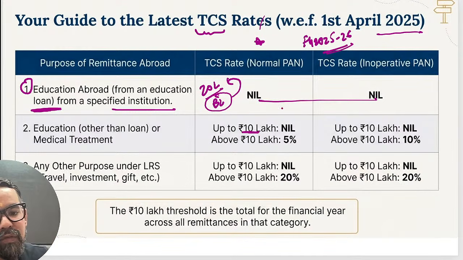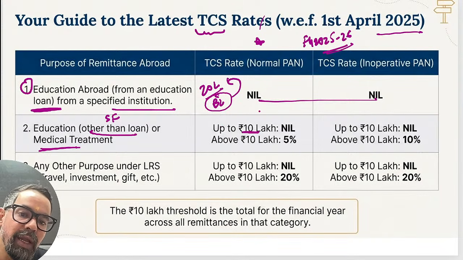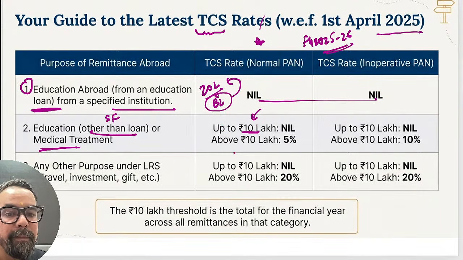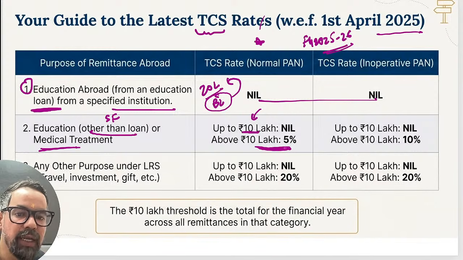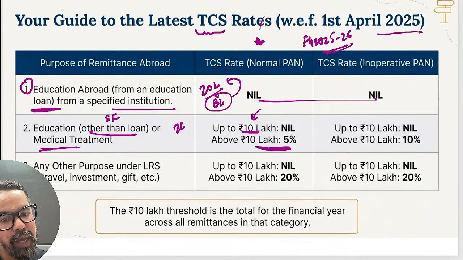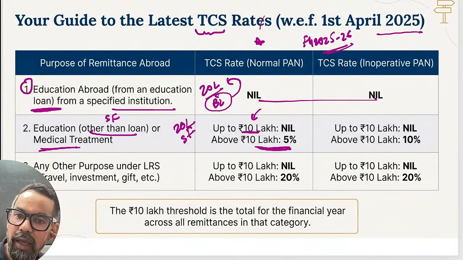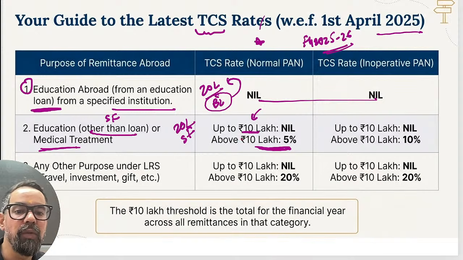But if it is self-funded, other than loan, or medical treatment, up to 10 lakh it is zero, but beyond 10 lakh it is 5%. If a person is going abroad for education with 20 lakh rupees and it is self-funded, then 20 lakh minus 10 lakh, the remaining 10 lakh they have to pay TCS at the rate of 5%.